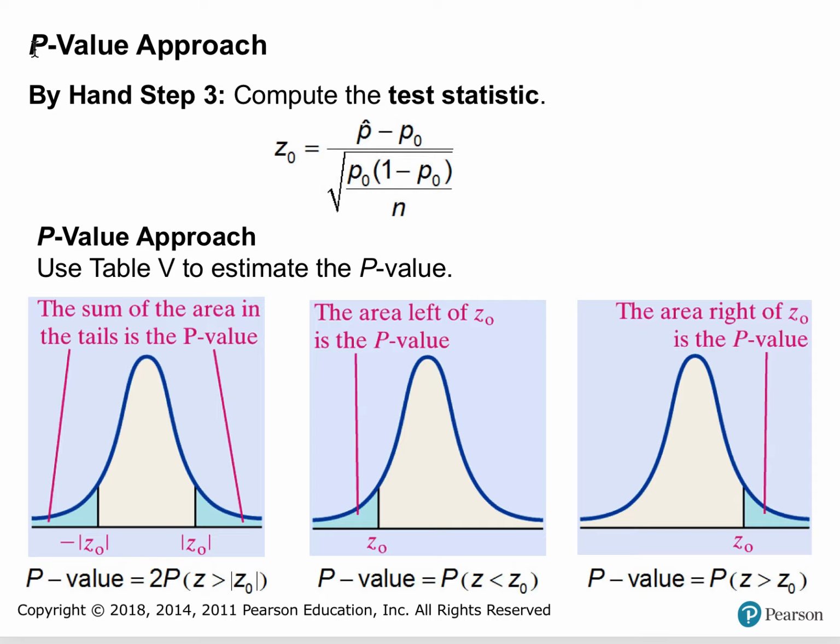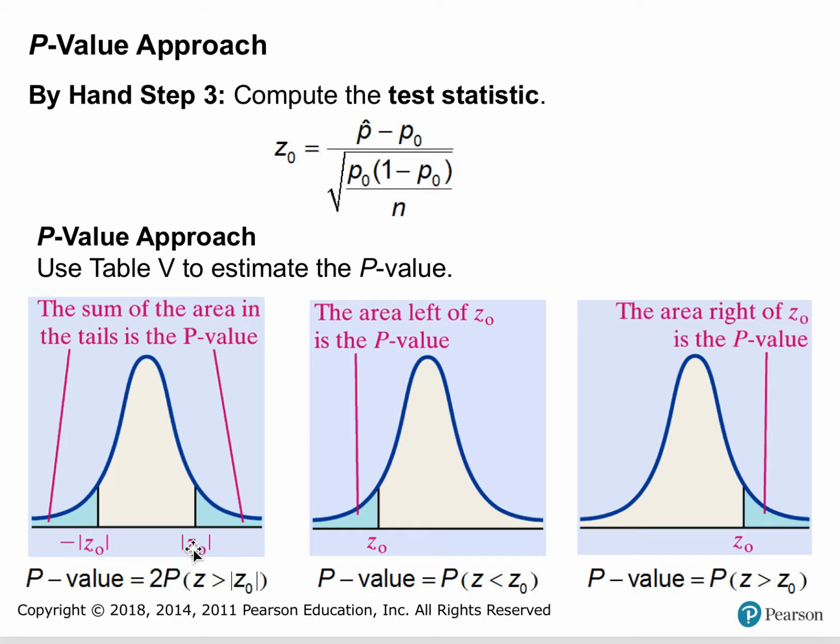Now, p-value approach. Notice we do the same thing. We compute our critical value, same formula. We've got the same kind of test. The only difference is in the p-value approach, we actually compute the area under the curve, remember, and that's the probability of falling in that area.